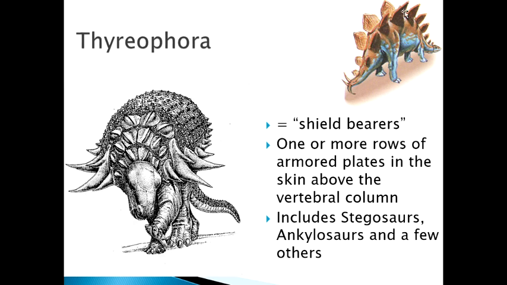You can see the big plates sticking out over the back, over the vertebral column of the stegosaur, and on the Ankylosaur, the plates are all fused together and cover all of the back and the sides and the shoulder and the hips and down the tail. Stegosaurs and Ankylosaurs have this armor. Other dinosaurs on that cladogram do not.